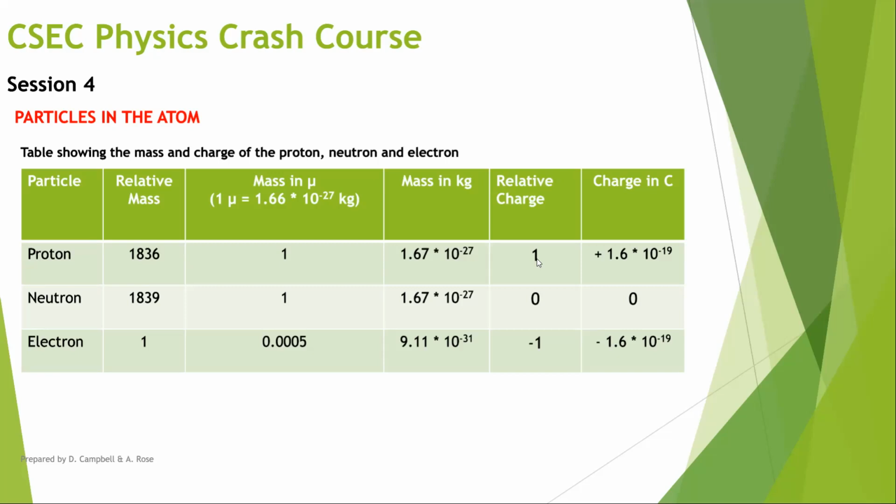All right, now the relative charge. We have +1 for the proton, 0 for the neutron. The neutron does not carry an electric charge, and -1 for the electron. So the proton and the electron have the same magnitude of charge, which we mentioned before, but opposite signs. The last column here shows the actual charge in coulombs.